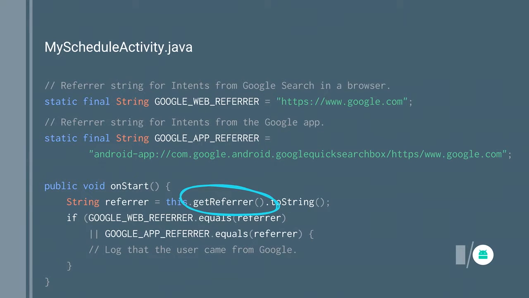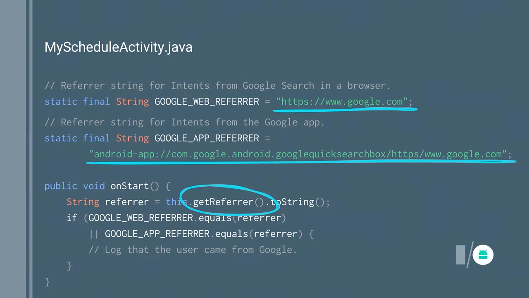So in our example here, if a user is coming from google.com in a web browser, then the referrer will be google.com. And if the user is coming in through the Google app, which could be any of autocompletions or now on tap, all of these things, then the URL would be the second URL you see on screen here.